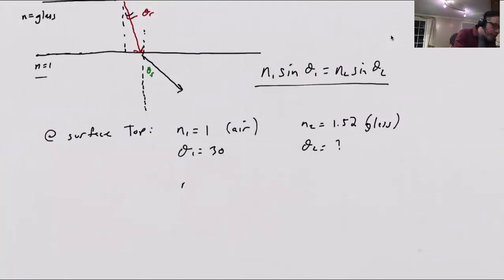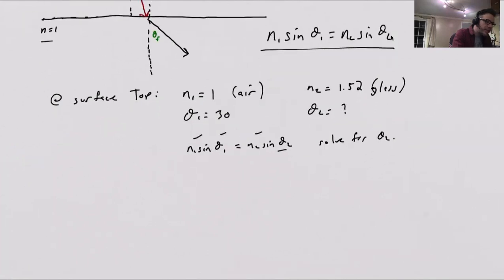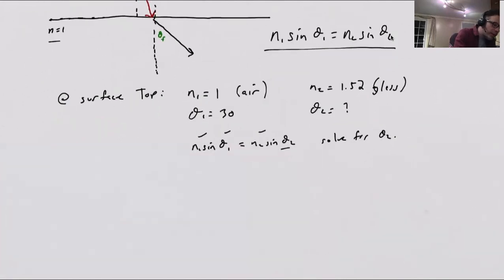The answer is yes, because n1 sine theta 1 is equal to n2 sine theta 2. We know everything except theta 2, so solve this for theta 2. Upon solving, we're really first solving for sine of theta 2, which is going to be n1 by n2 times the sine of theta 1.